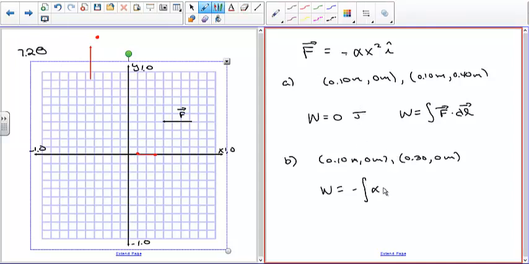So I get alpha x squared, and we integrate with respect to x from x1, which is 0.1 meters, to x2. So we go from here to here. You can take alpha outside the integral sign. When you integrate x squared, you get x cubed over 3. Then we evaluate the integral between x1 and x2.